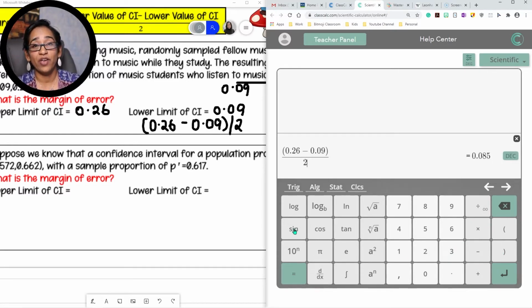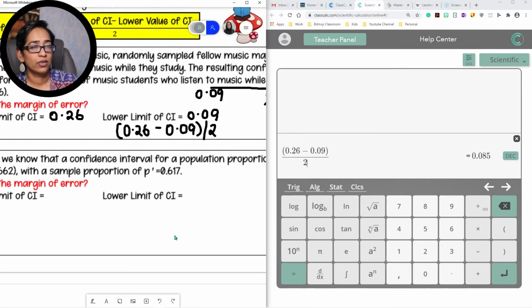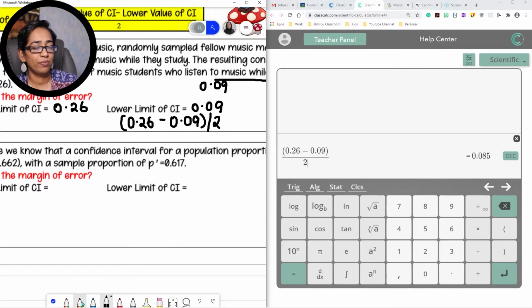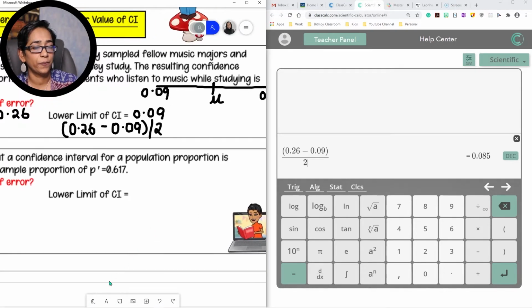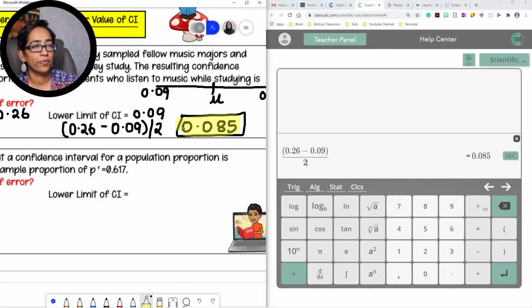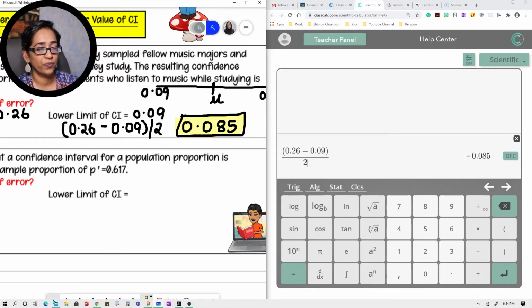So my margin of error is 0.085. All right, let's go ahead and take a look at the next one.